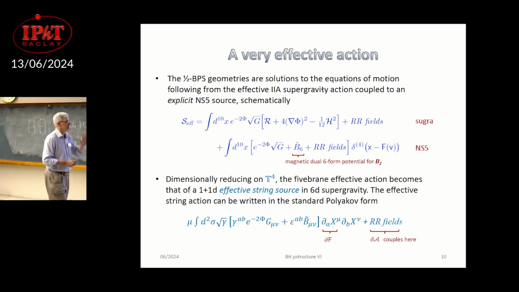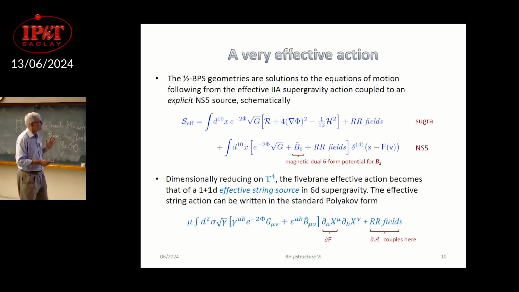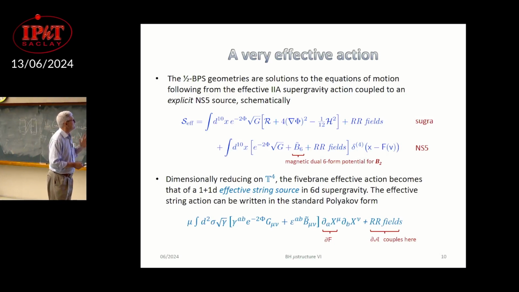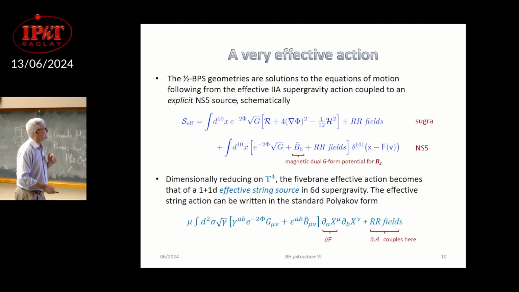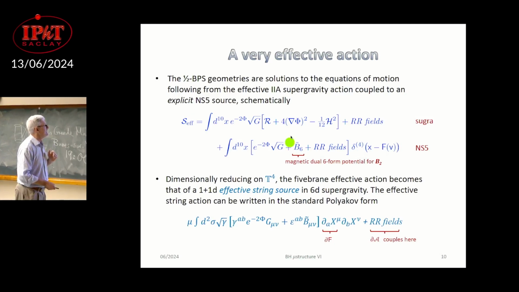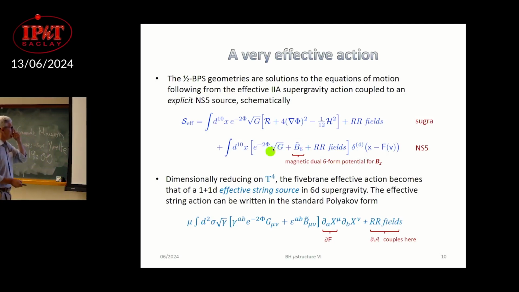So this is a little bit of a tedious exercise, but I think it's useful for where I think this program should head. And so we should write down the bulk supergravity. We should write down an action for the fibrane, which is basically its world volume, a sort of Nambu-Goto-like world volume term, and then some coupling to the magnetic sixth form that's dual to the Neveu-Schwarz B field.